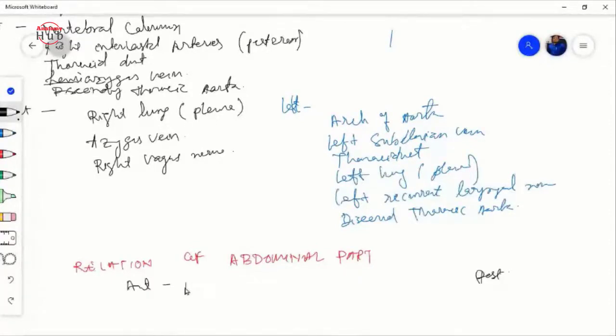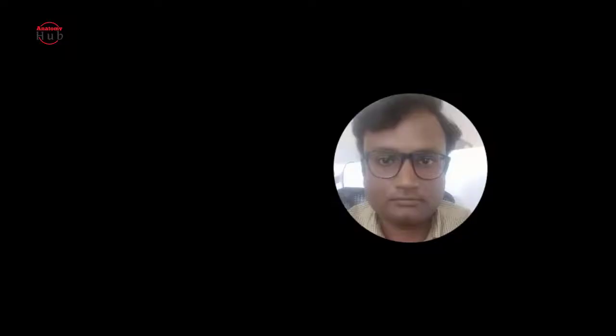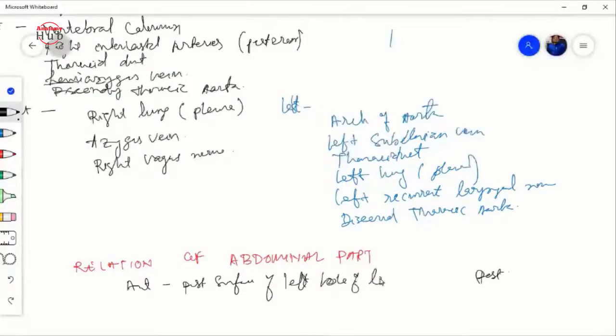Posterior surface of left lobe of liver. Okay, because liver is like this, no? And here the esophagus is coming like this, right? So the posterior surface of the left lobe of the liver, okay, that is the anterior relation of esophagus.